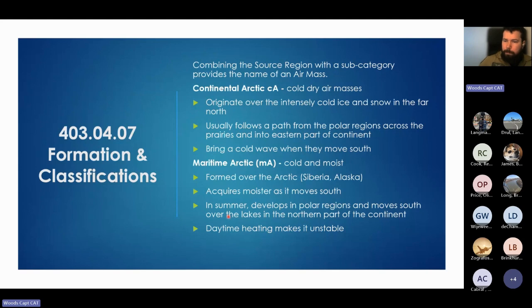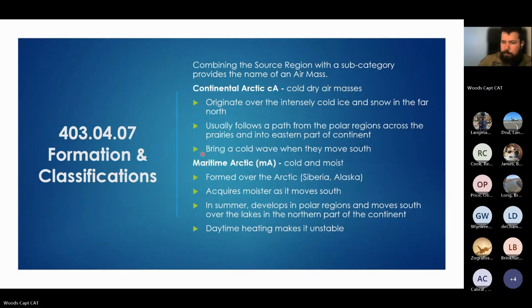So an air mass can be continental Arctic, which means it formed in the Arctic over the land, so it's going to be cold and dry. It's going to form in the far north, and it's going to bring cold air with it. Then we have maritime Arctic, which is cold but moist.